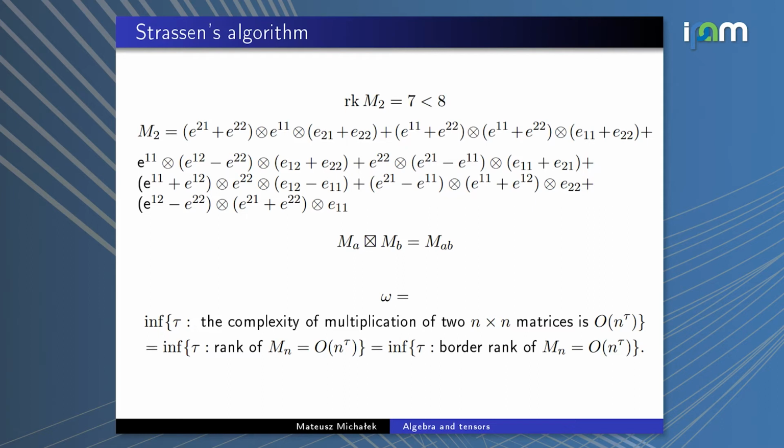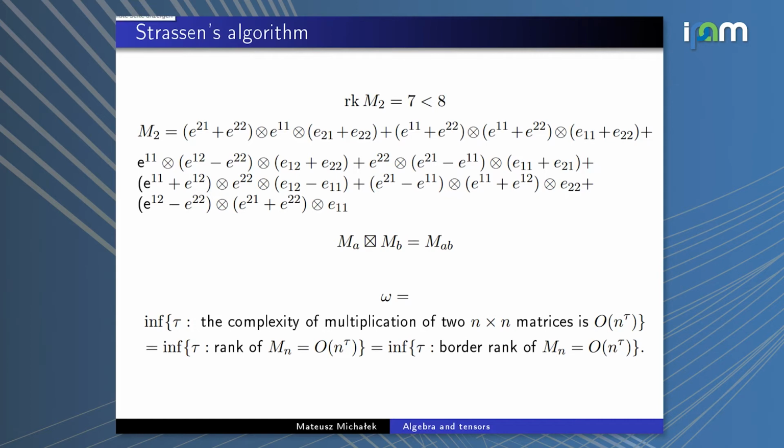You can look at your 4 by 4 matrix as a 2 by 2 matrix with entries that are 2 by 2 matrices, and apply Strassen's algorithm. And of course, this goes up: from 4 by 4 you go to 8 by 8, 16 by 16, and asymptotically you actually get a gain. This is a faster algorithm than the usual one to multiply matrices.